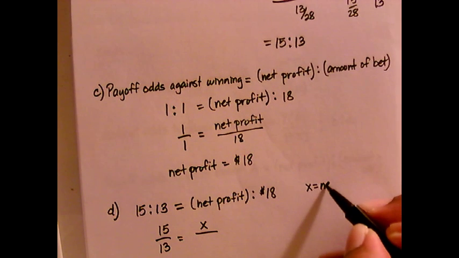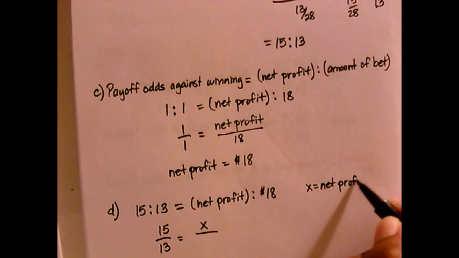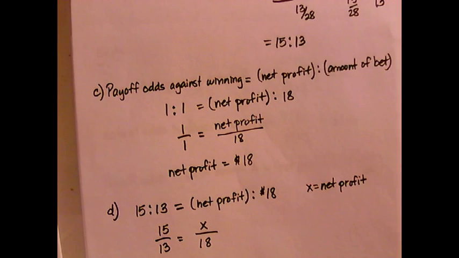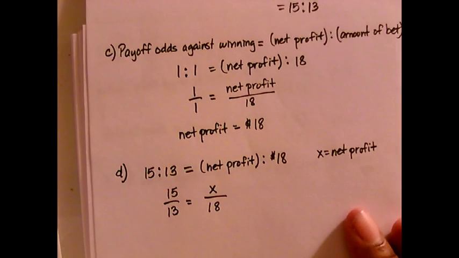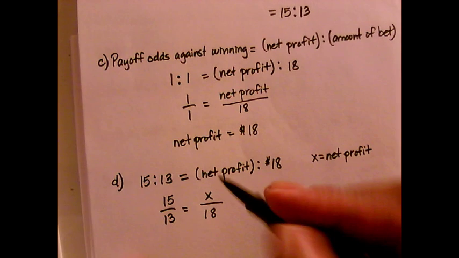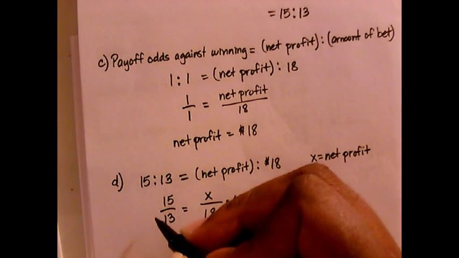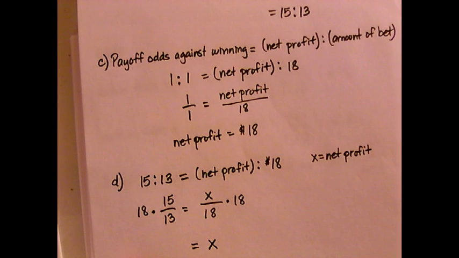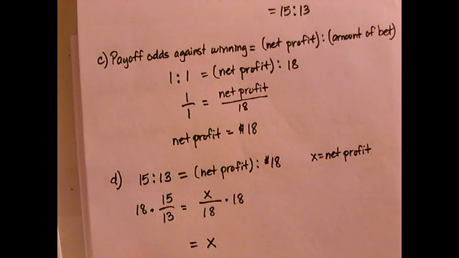So here X is equal to the net profit. And then the 18 will be in the denominator. Okay. So to get the X by itself, what I'll do here is multiply both sides by 18. So this will be X by itself, or the net profit.